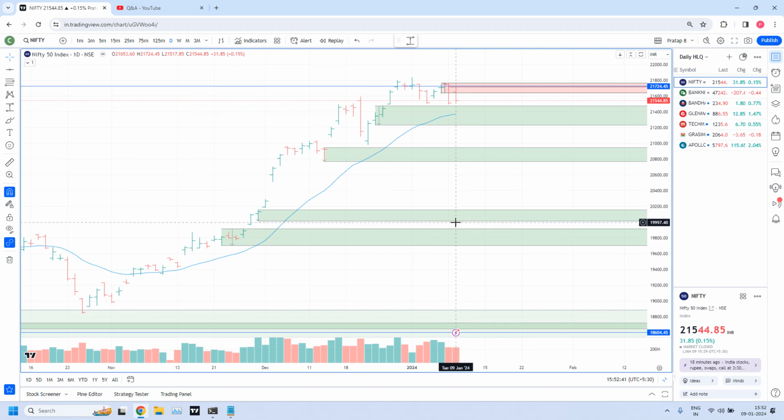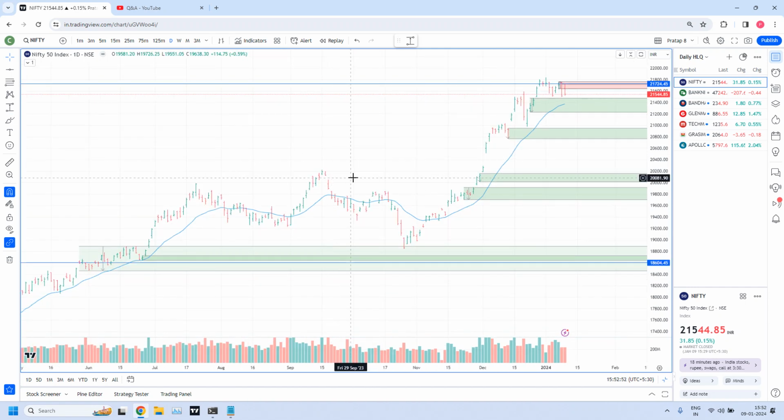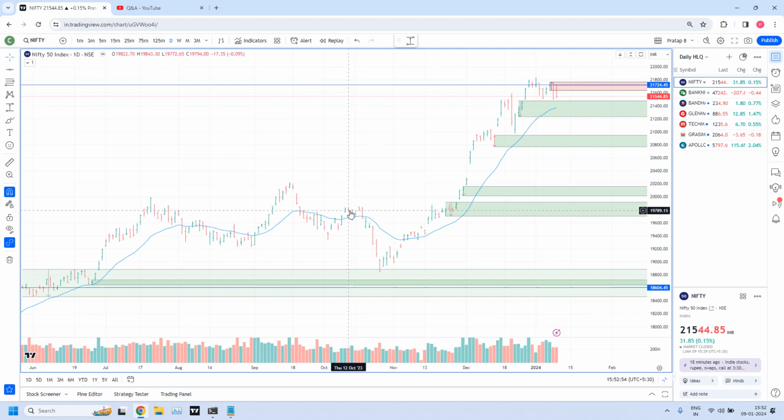Sometimes a fake reversal bar will also come with confirmation, but it will be violated very soon. In that scenario, what you have to do, let me change it to candles.